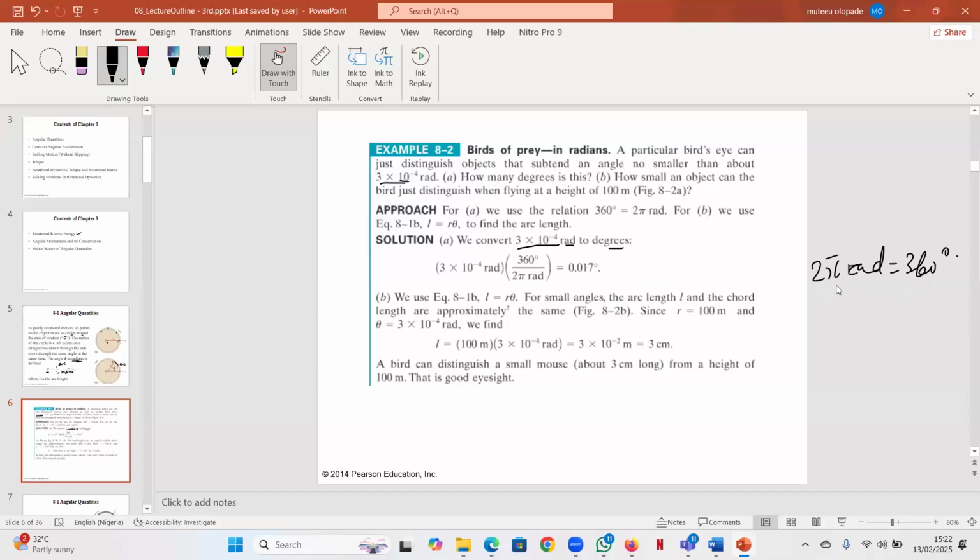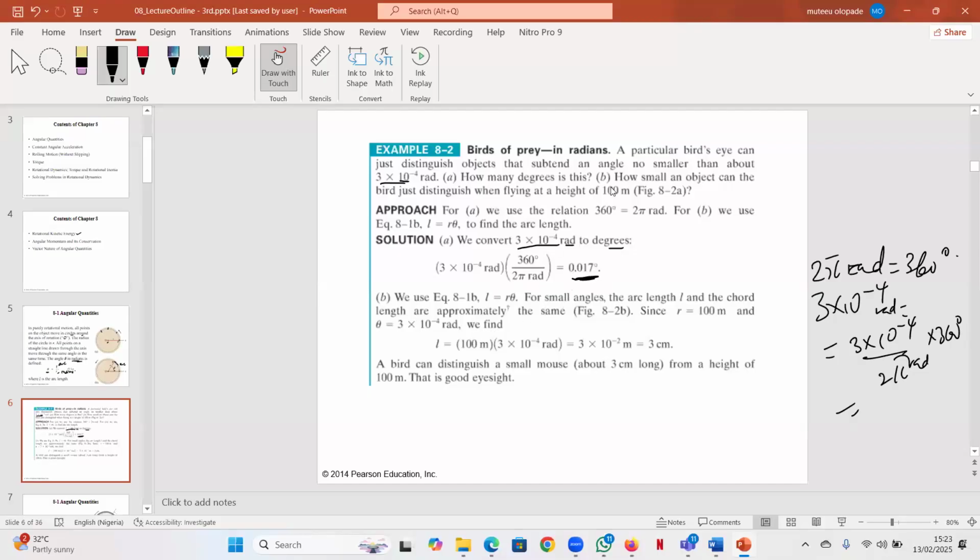Therefore, 3 times 10 raised to the power minus 4 radians will be 3 times 10 raised to the power minus 4 divided by 2 pi radians, multiplied by 360. Doing that conversion, we have 0.017 degrees. So that's the conversion.